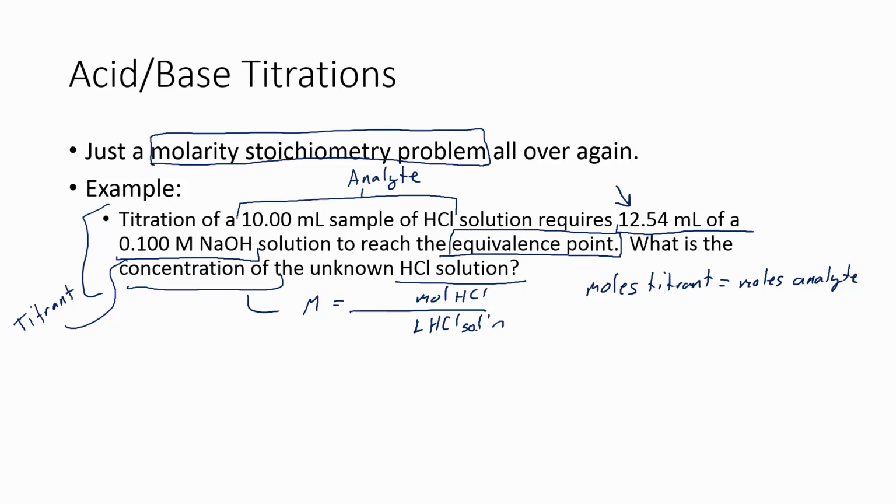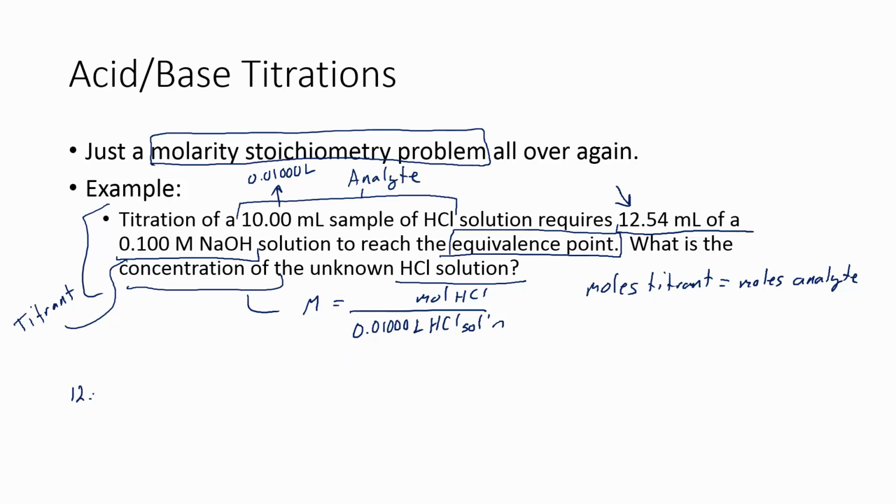Well, we already have the milliliters of sample of hydrochloric acid solution. So we can turn that into liters and put that down here at the bottom, and we're already halfway done with the problem and we barely started.